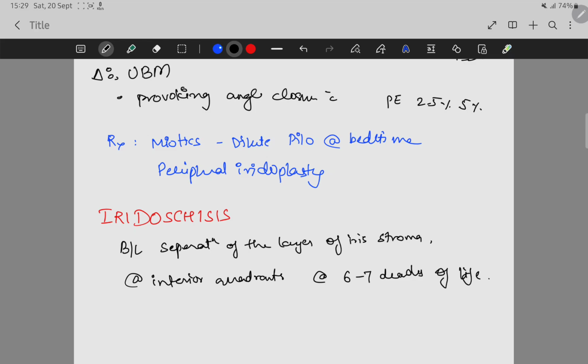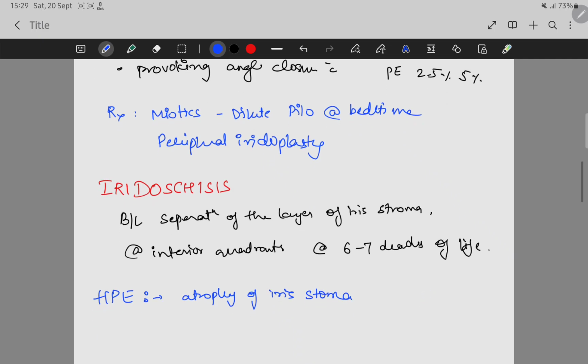So on histopathological examination, there is marked atrophy of iris stroma, which is usually absent or very scant, and there are collagen fibrils at the area of separation, and there is no evidence of vascular or neural alterations.